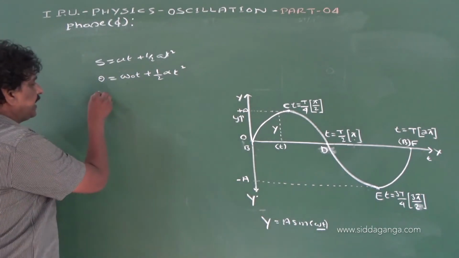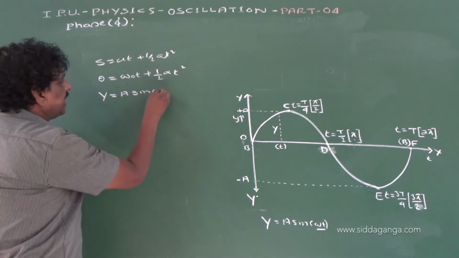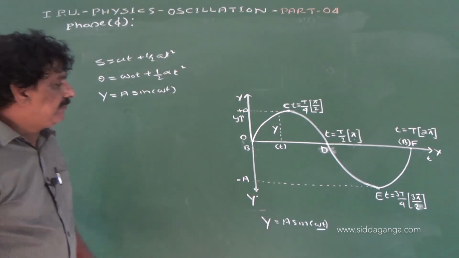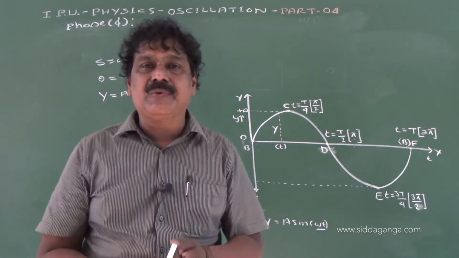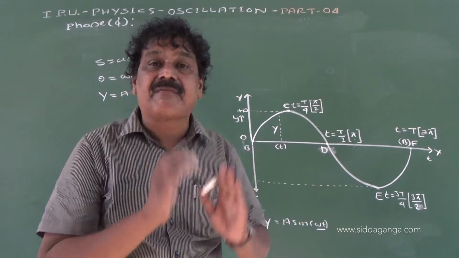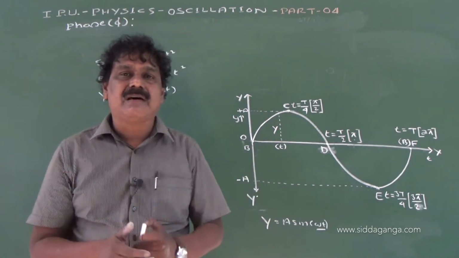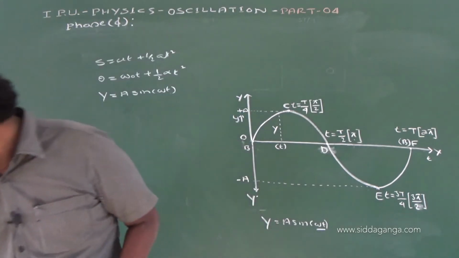Now here in oscillation or vibration, we have a sin omega t. When a particle is oscillating, we use the words state of vibration or state of oscillation. Here, instead of oscillation, we are using state of vibration.